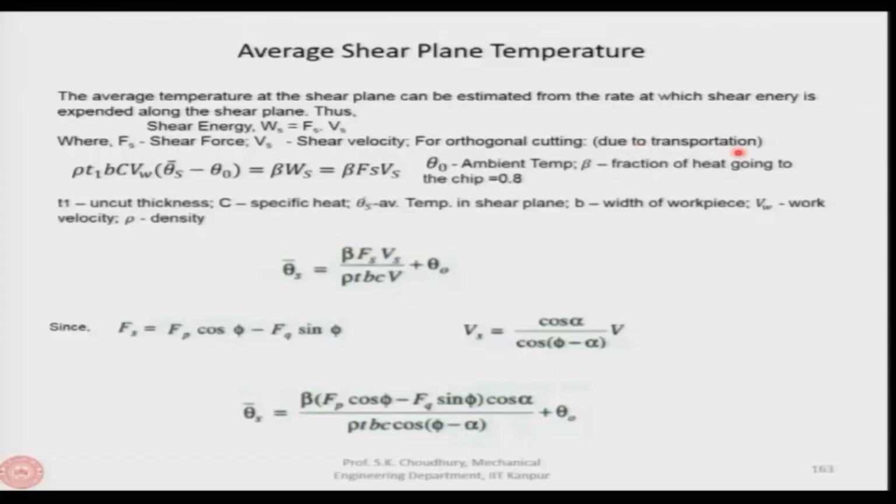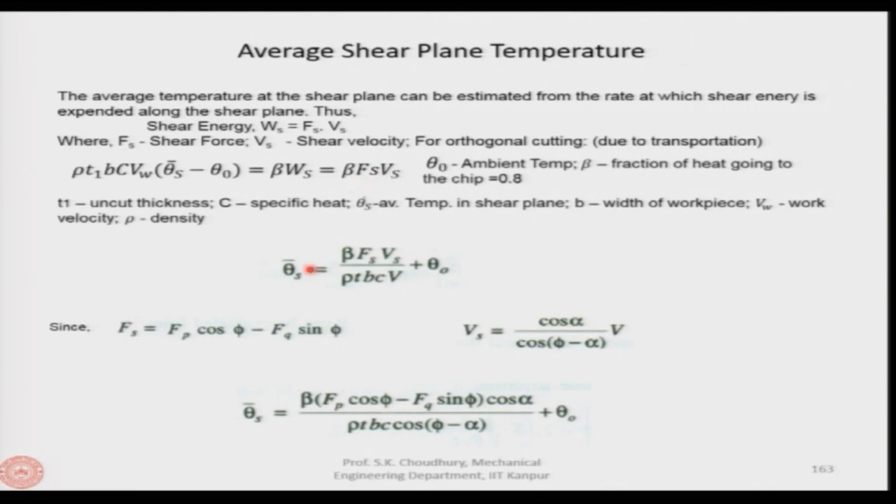So, once again, for orthogonal cutting due to transportation, this is the equation we know from thermal engineering, and the heat going to the chip will be 0.8 into the shear energy expended. So, Ws equals Fs into Vs, and we can substitute this.